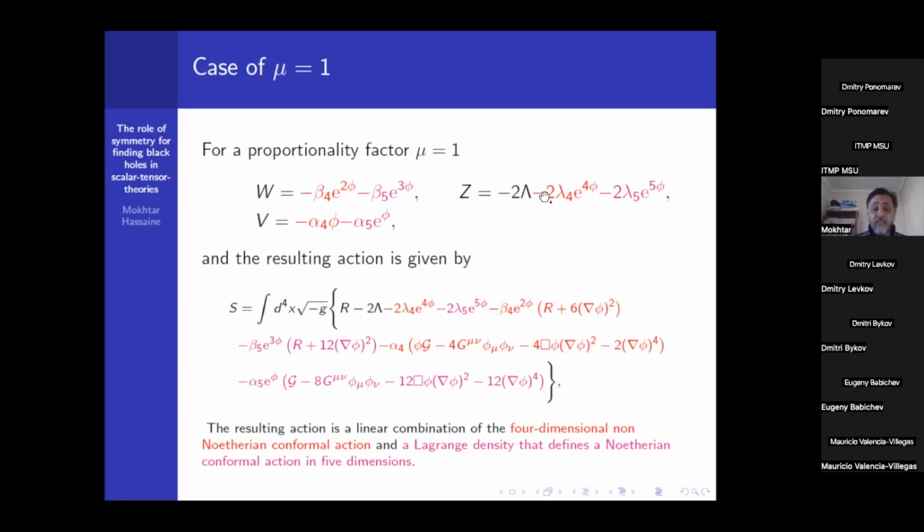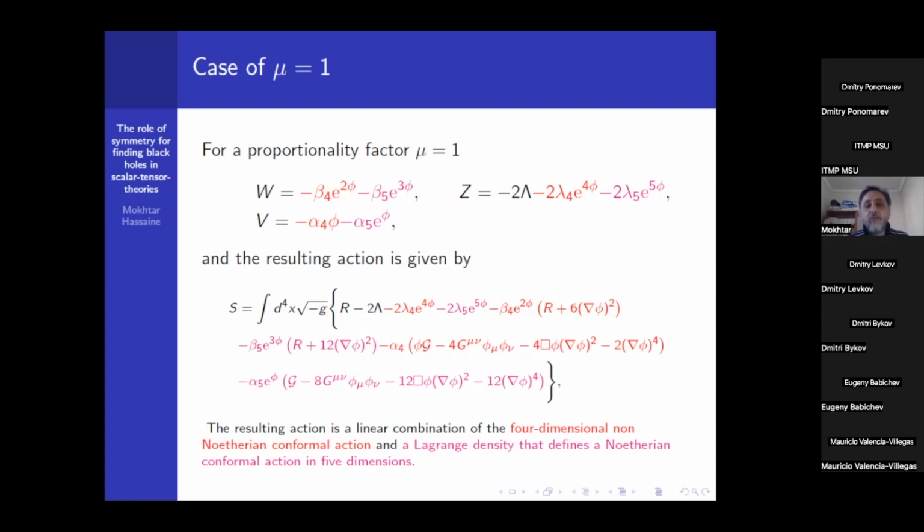And it's very funny because we never mentioned any symmetry, but then the resulting action, in red, is the one of Fernandez. It's the conformal one that I showed you, the non-Noetherian conformal action. I mean non-Noetherian because of this alpha 4 piece. But in magenta, it was very surprising for us that the order-5 term is exactly the density that is conformally invariant in 5 dimensions.